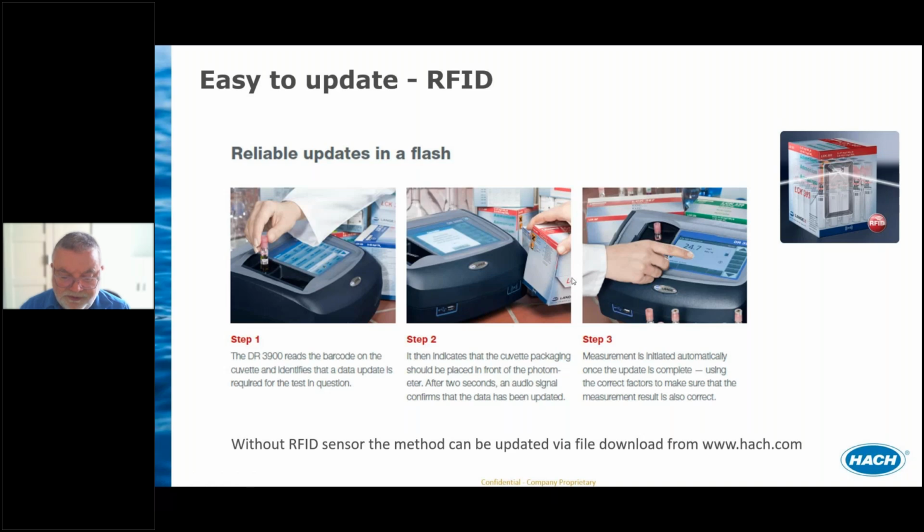On the DR3900 and the DR6000, optional RFID technology makes it easy to update test data. If significant changes have been made by HACH to the chemistry or calibration of a new batch, when the customer reads the first tube, the instrument will generate a message on the spectrophotometer requesting an update.